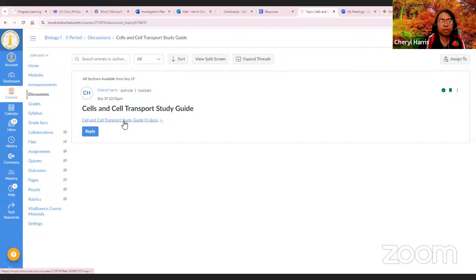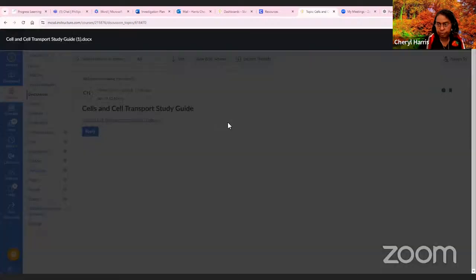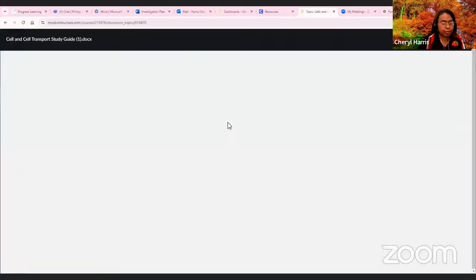Okay. Try it one more time. So again, refresh your page, look at your discussion area. Hopefully this is the right one. It must be the way that they embedded this worksheet in the module that it's not releasing.